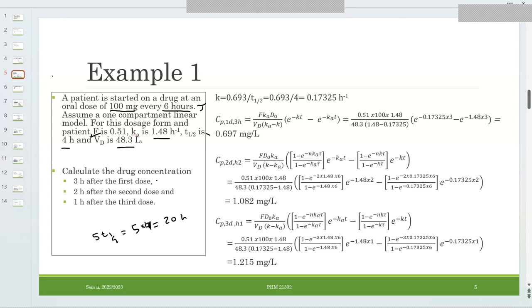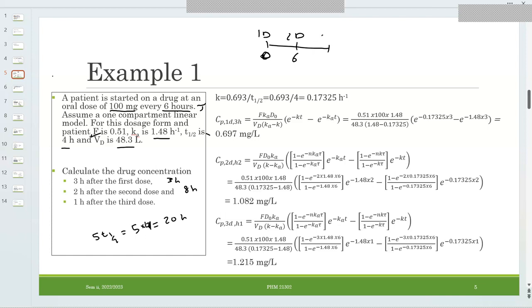The first dose is at time 0, 3 hours after this, 3 hours only, so non-steady state. 2 hours after the second dose. The second dose is after one dosage interval, so remember, one dose at time 0, second dose at 6 hours, 1 tau. So they want 2 hours after the second dose, meaning after 8 hours, still no steady state.